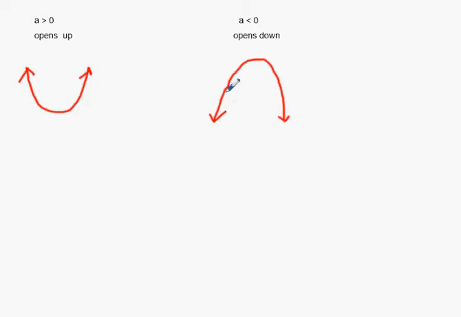Now, on a parabola, we have different parts of a parabola, and we're going to talk about those different parts. If we have a parabola opening up, we have a minimum point called the vertex.